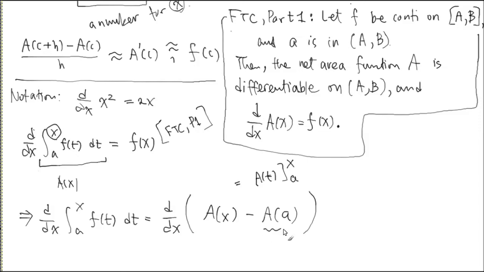Is this changing? Is this a constant function? A never changes, but x is changing, so it is a function. By some rule, it's d/dx of A(x) minus 0. Then what do you know about this d/dx A(x)?